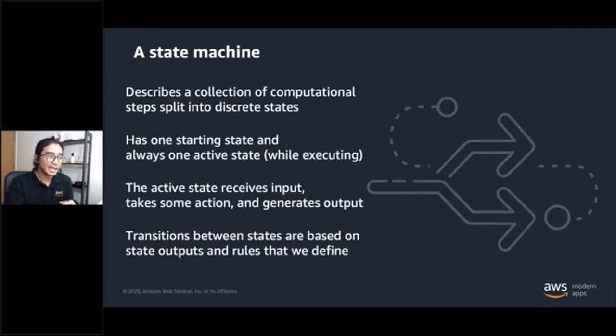Now, to be able to implement this workflow, let's step back a bit and quickly review state machines. A state machine simply describes a collection of computational steps that we want to split into discrete states. There's always only one starting state and only one state is active at a time.